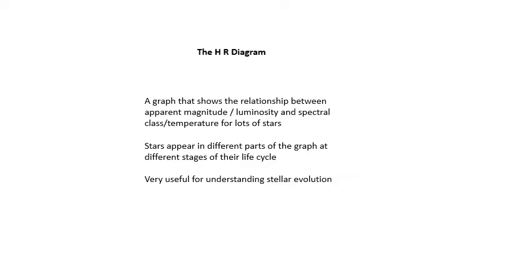A Hertzsprung-Russell diagram. HR will do, and it's a graph, and it shows the relationship between the apparent magnitude, which is otherwise known as the luminosity, how much light the star gives off, and the spectral class, or the temperature, for lots and lots of stars.